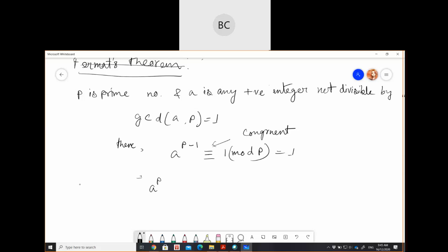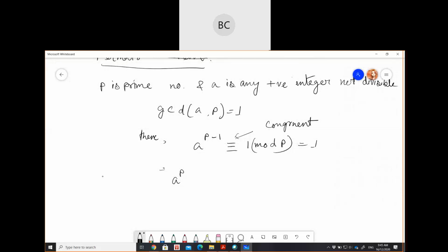I hope all of you know about modulus arithmetic or modular arithmetic. So what happens in modular arithmetic? Tell me that first.